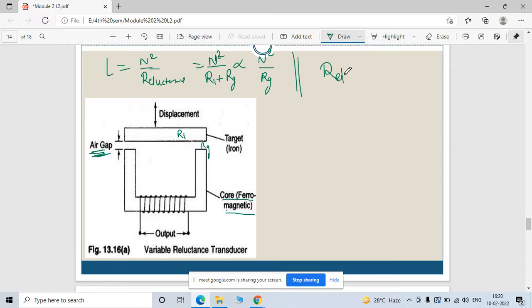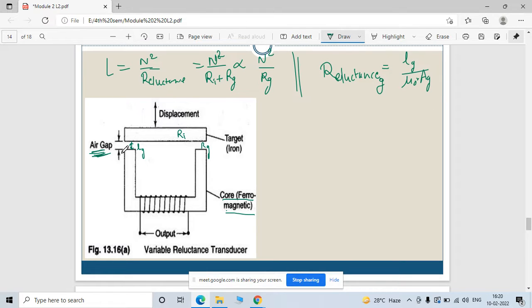Now, the basic formula of reluctance for the air gap is Lg divided by mu zero into Ag. So reluctance is nothing but L by mu zero A. Here Lg is the length of the air gap, and Ag is the area of flux passing through that air gap.